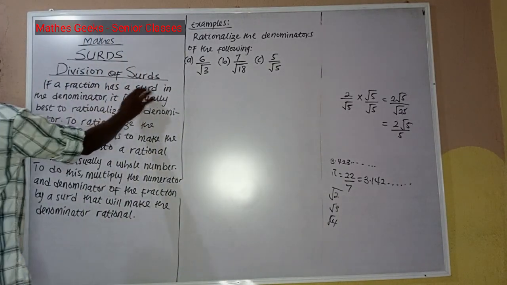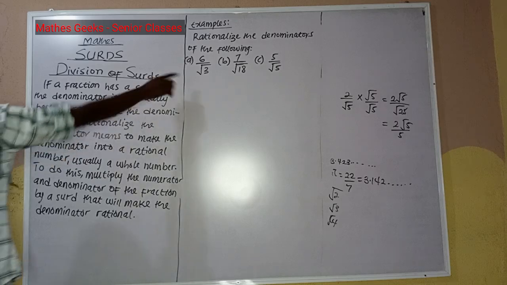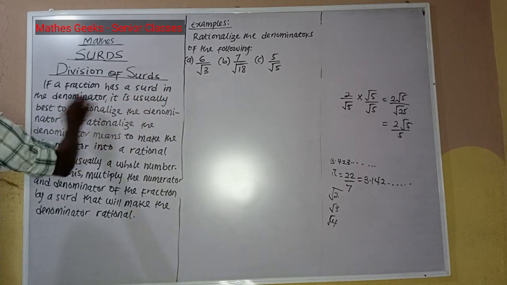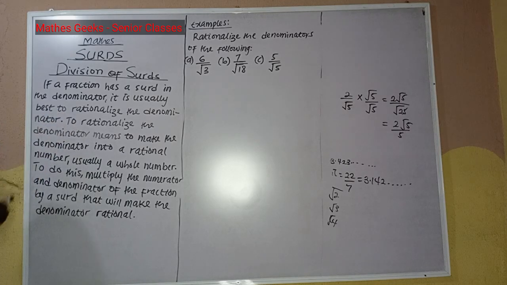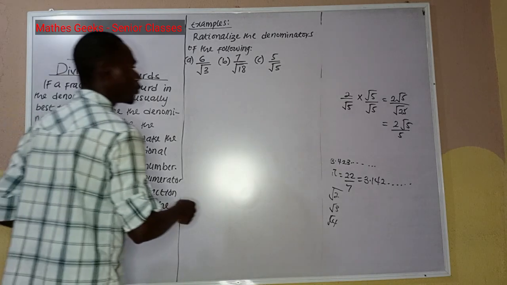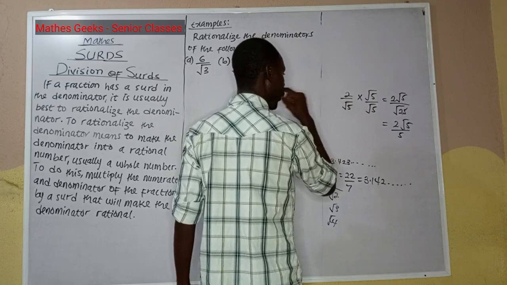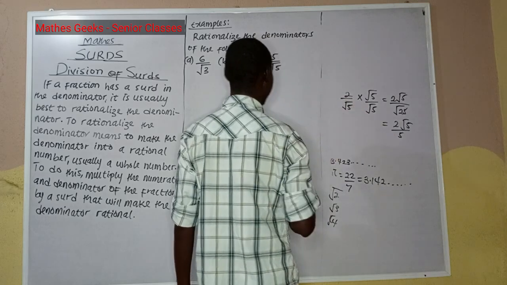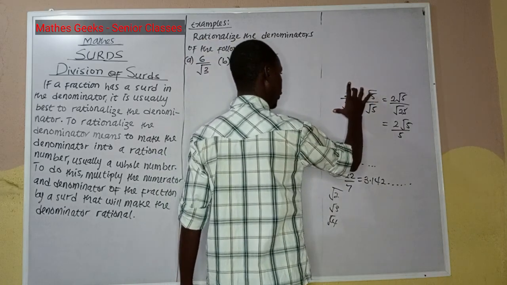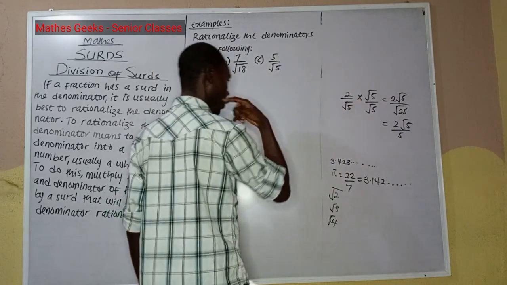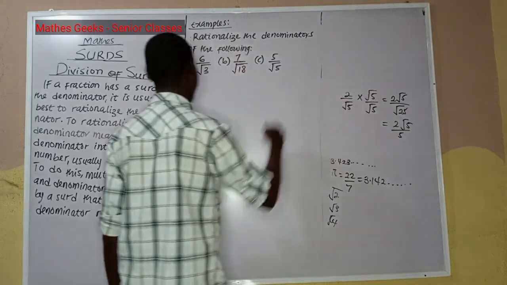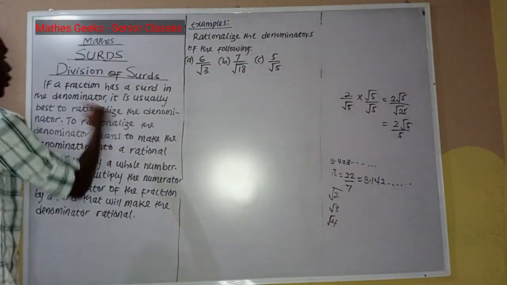So if a fraction has a surd in the denominator, like the examples we have here, it is usually best to rationalize the denominator. To rationalize the denominator means to make the denominator into a rational number. Here, initially the denominator was irrational, then we multiplied both the numerator and the denominator by the surd, which is the denominator. This is how we go about rationalizing the denominator.